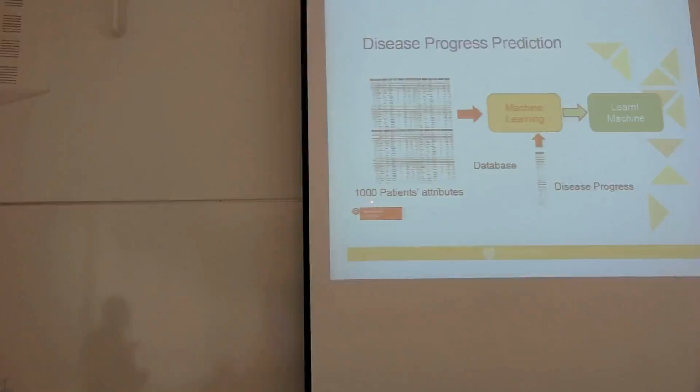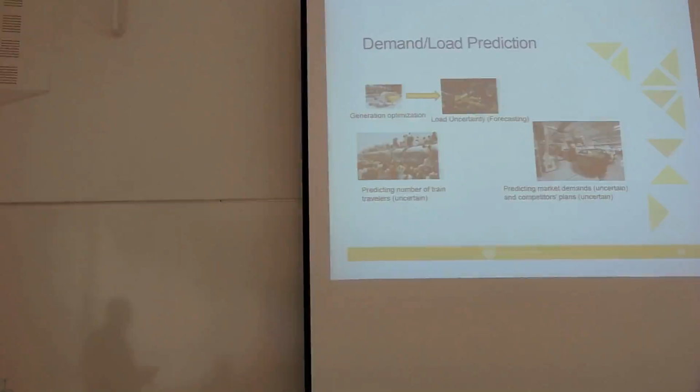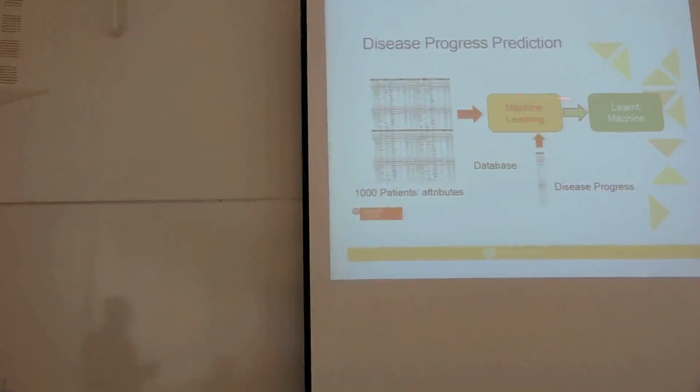For example, when we have 1,000 patients' attributes, and we look at the situation of the patients, how the disease progressed with them, then the machine learning will try to learn the situation based on the attributes. Then we have a learned machine. After that, if we apply new data, new patient attributes, the learned machine could predict the situation of the patient.